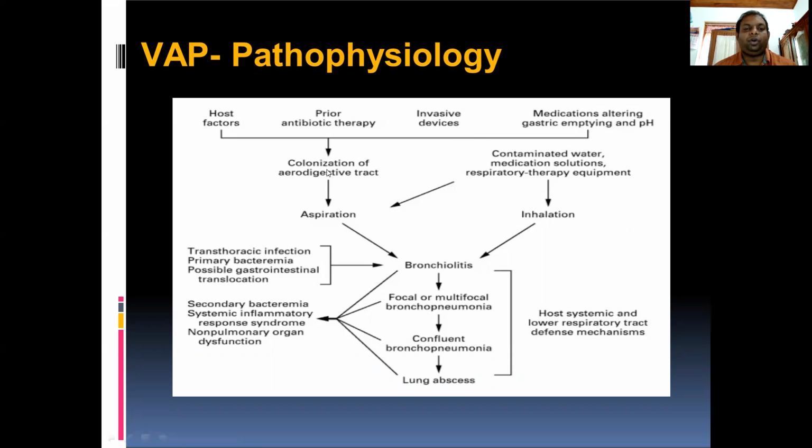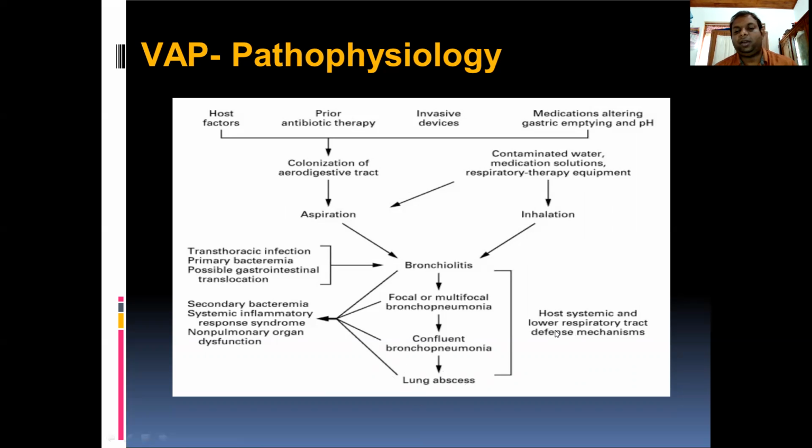So they are prone to colonization of the aerodigestive tract, which leads to aspiration. Same with contaminated water, medication solution, respiratory therapy equipment, so also aspiration and inhalation. Ultimately, it leads to bronchiolitis. Then it can spread to the lung and lead to pneumonia, and maybe it can cause lung abscess as well.